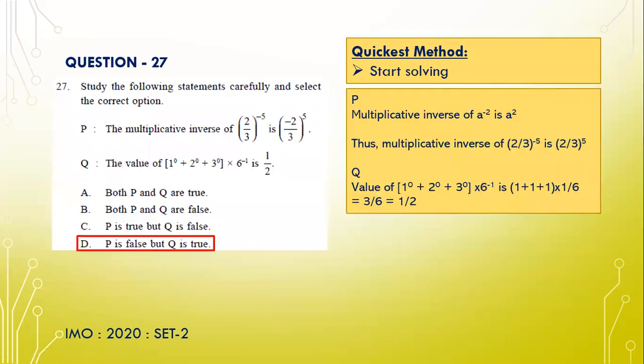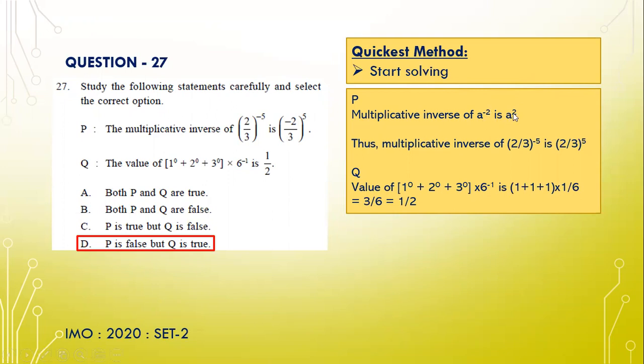Okay, study the following statements carefully and select the correct option. The multiplicative inverse of 2 upon 3 raised to minus 5 is, what is the multiplicative inverse? So multiplicative inverse of a raised to minus 2 is a raised to 2, isn't it? Because a raised to minus 2 will be 1 upon a square, and 1 upon a square into a square is 1.